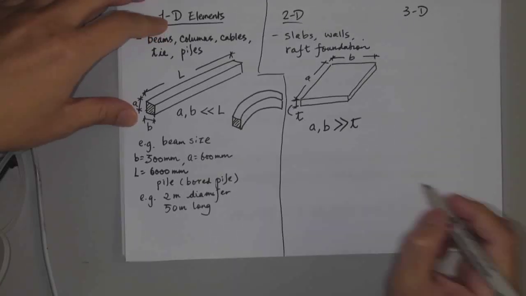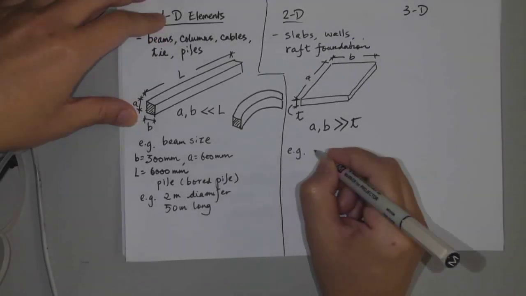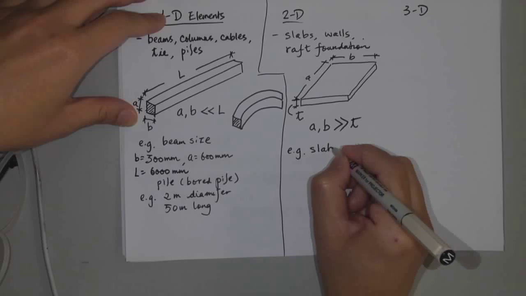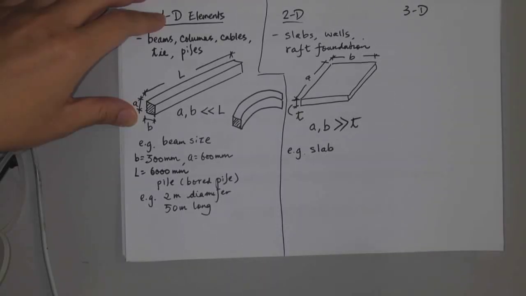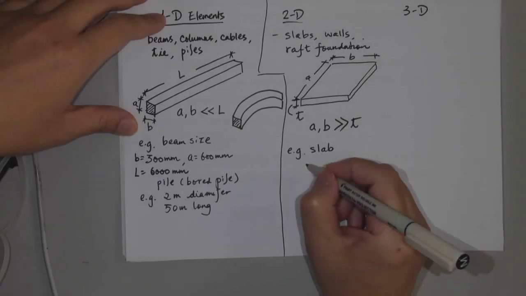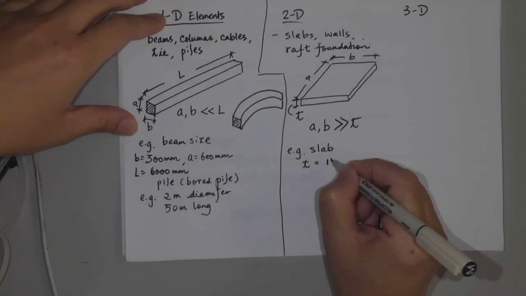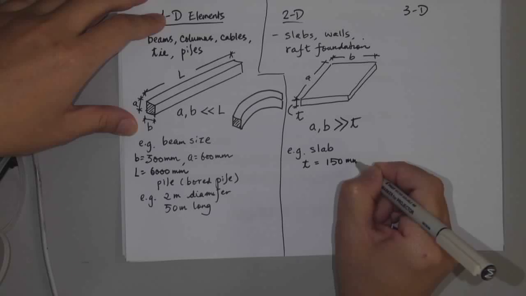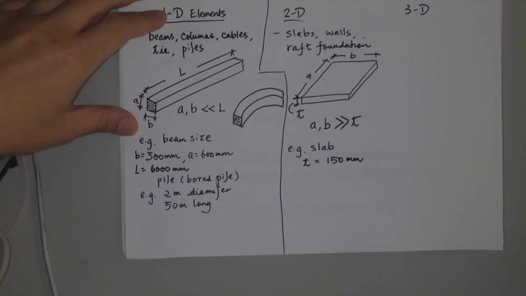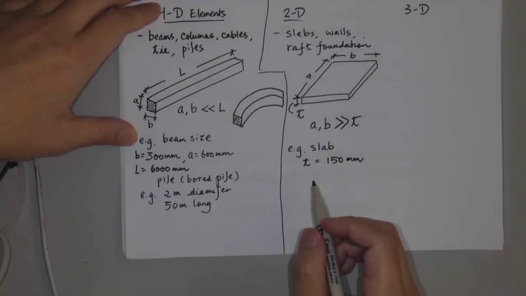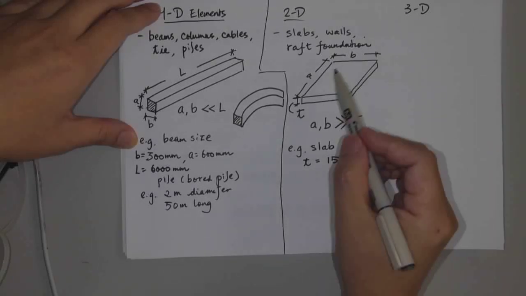Example, slab. A typical floor slab for a residential building, 150 millimeters. So t could be, let's say, 150 millimeters. That's very typical. And then what about the dimension of a slab?